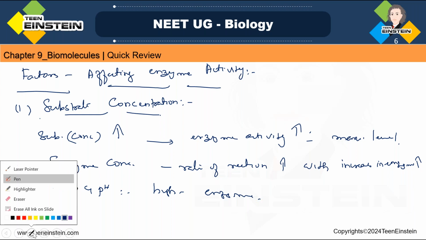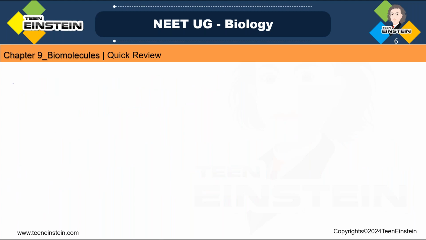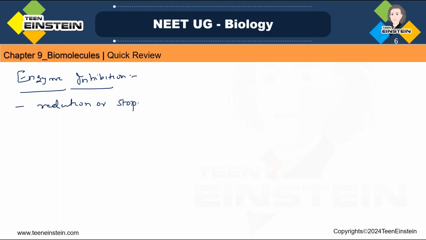Next, we need to learn about some other questions which came in the previous year question paper, that is about enzyme inhibition. Enzyme inhibition is the reduction or stoppage of enzyme activity due to some adverse condition or due to some chemicals.